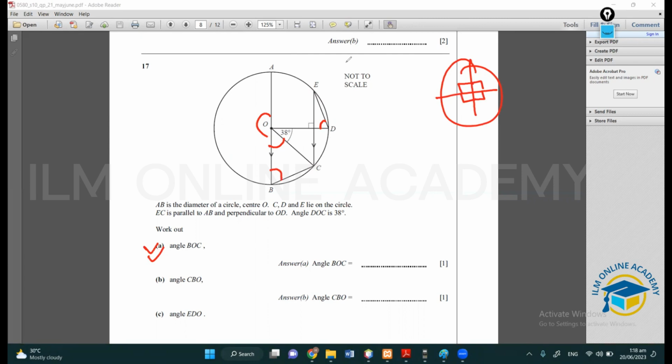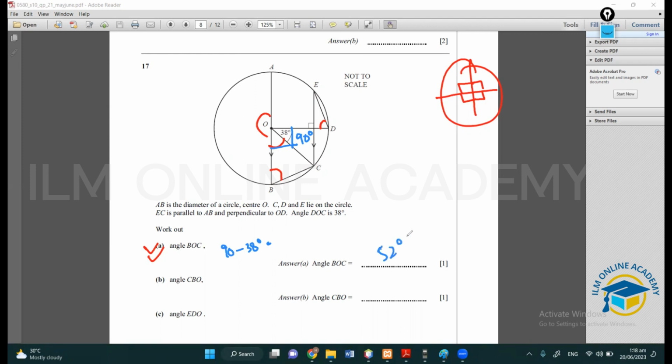We already know that here the total angle is 90 degrees, so we just subtract 38 from 90. 90 minus 38 degrees would be 52, so 52 degrees is the answer.